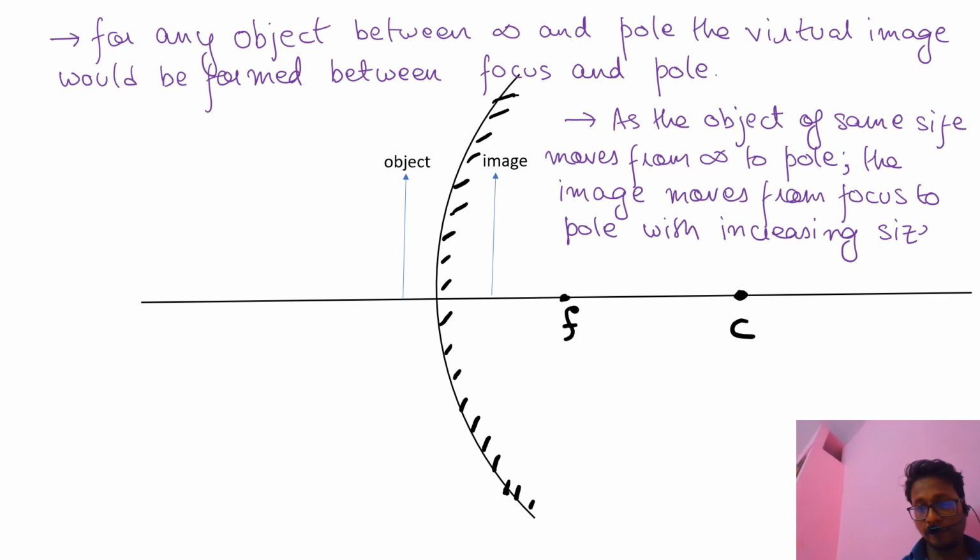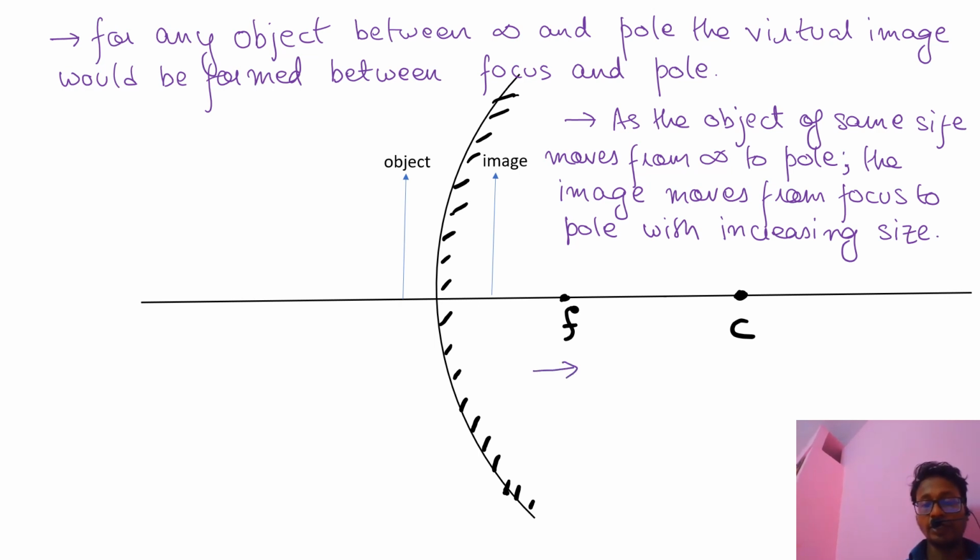That means at infinity our image is at focus, and when the object is near the pole, our image will be near the pole. And when the object is exactly situated at the pole, the image will also be situated exactly at the pole, and the height of the object and the height of the image will be exactly equal. So from infinity to pole, the image moves from focus to pole, and the image is always virtual and erect.